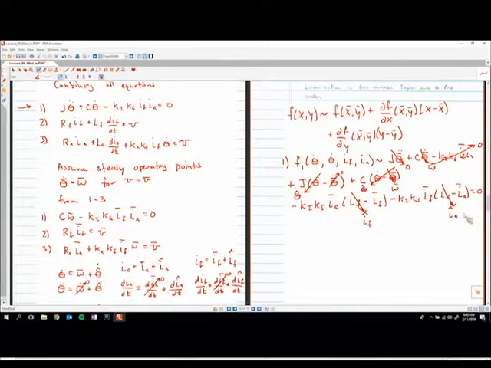So when I simplify this expression, it's not going to be all that complicated after I crossed a lot of things out.